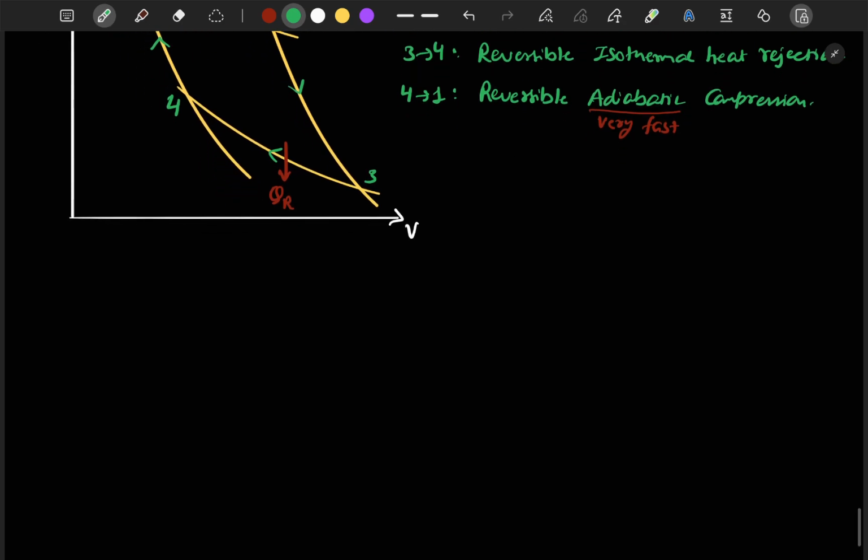Next we will discuss the Carnot theorem. What is the Carnot theorem?